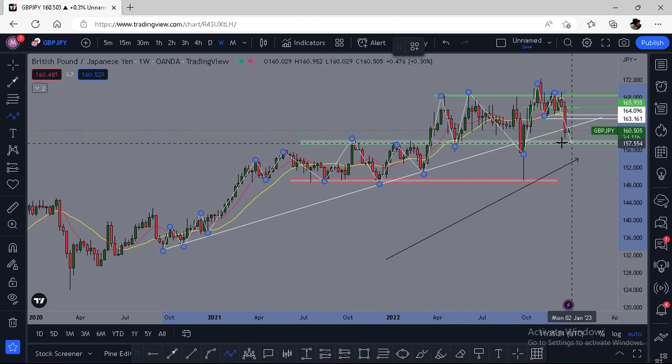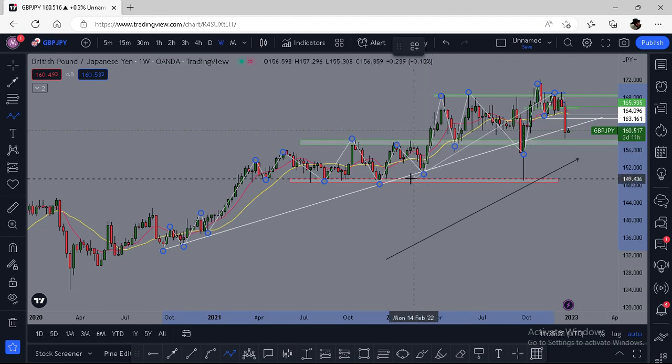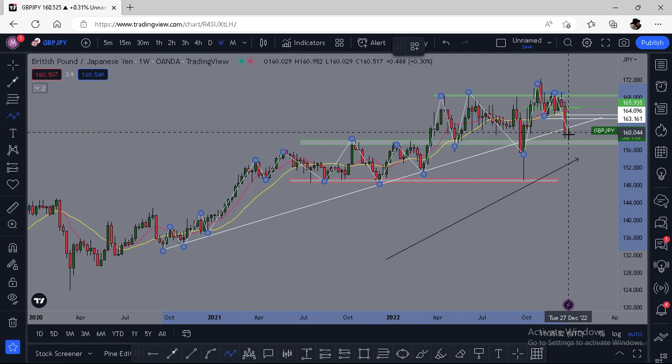We should start looking for selling opportunities, although the structure is broken based on this trend line, but I want more confirmation. As you can see, the candlestick is rejecting the trend line.